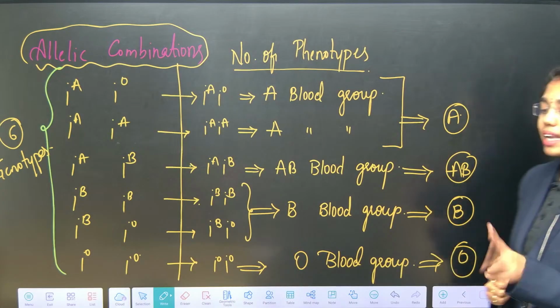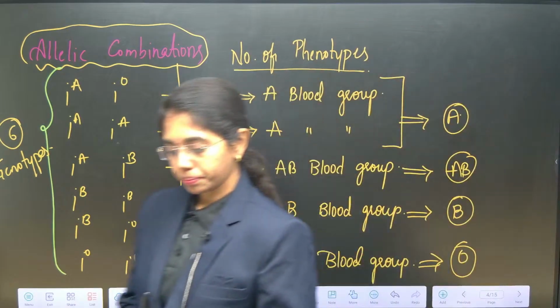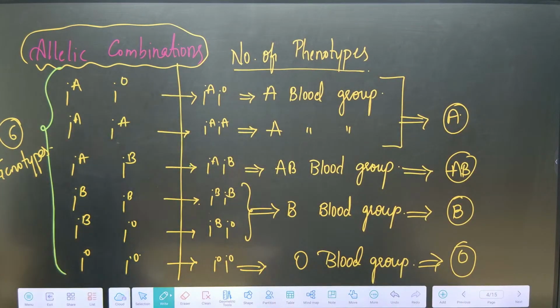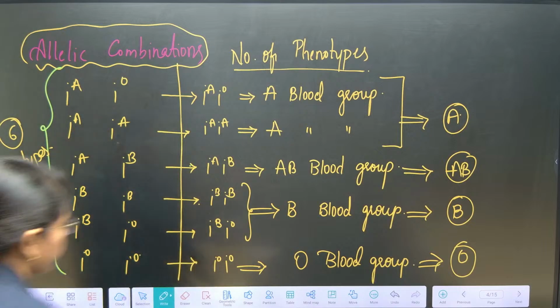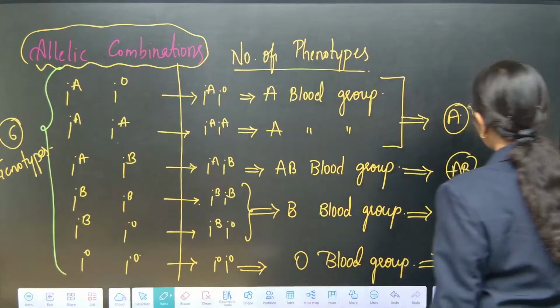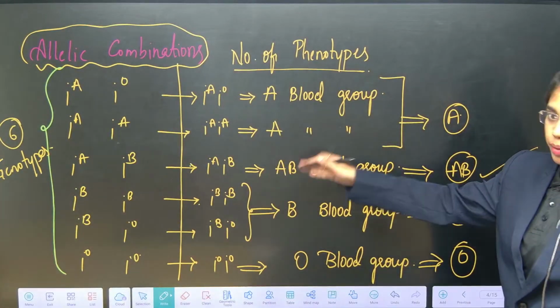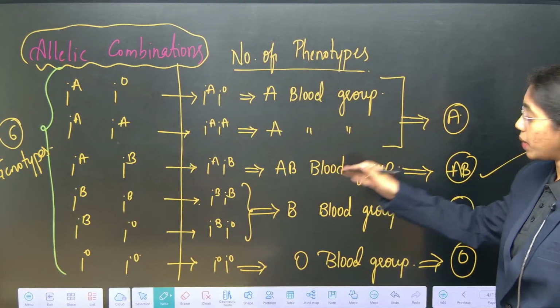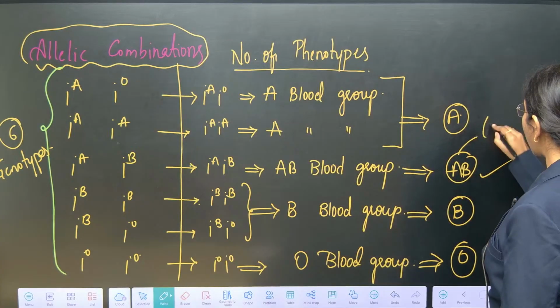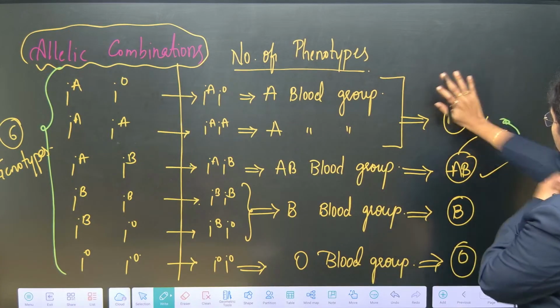Codominance, where both the alleles are expressing. Very good. Because here both the alleles are there, IA and IB, both are expressing their phenotype, that is AB blood group, which stands as an example of codominance.